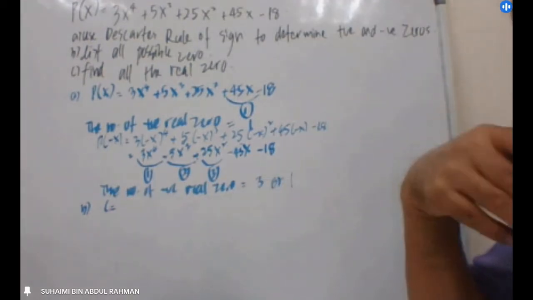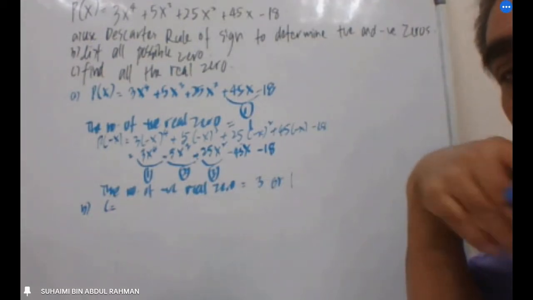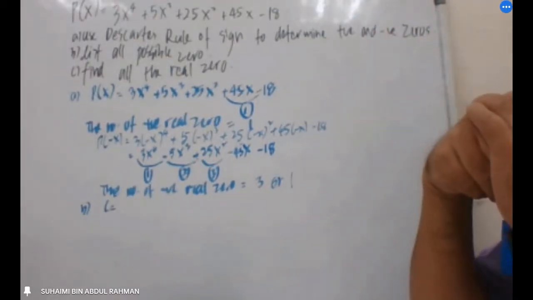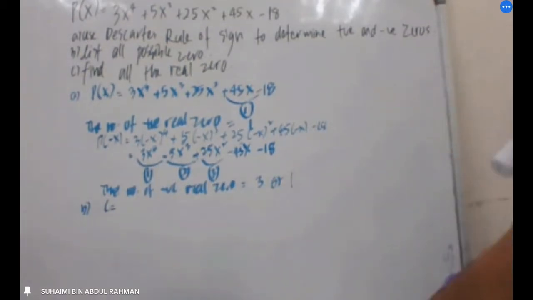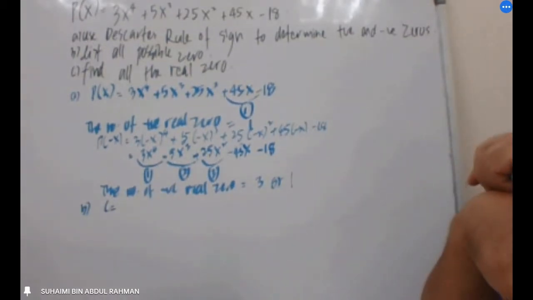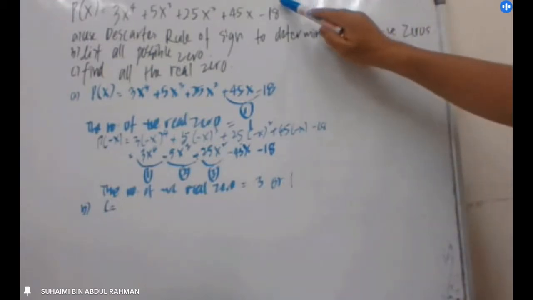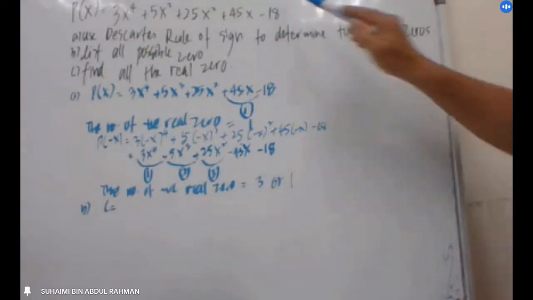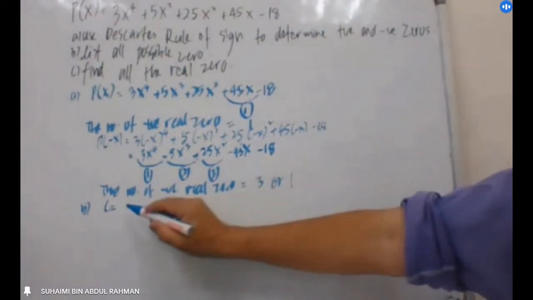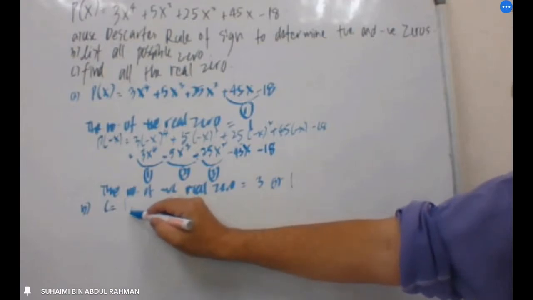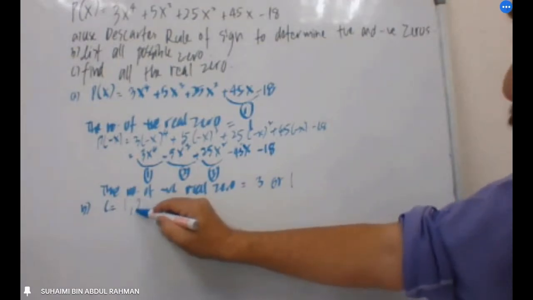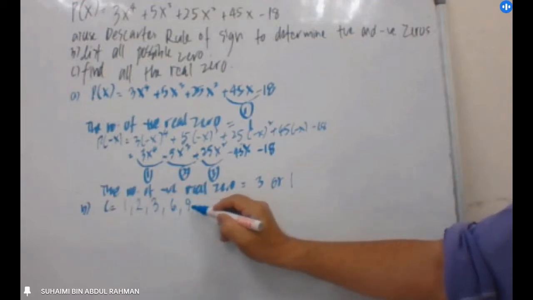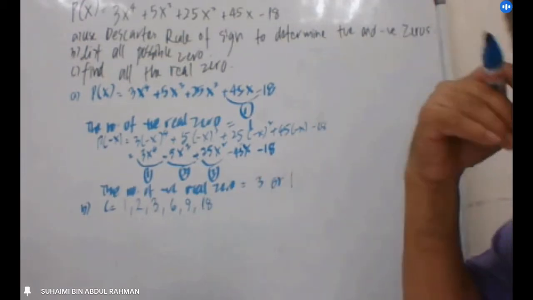C is the factor of the constant coefficient, negative 18. Factors of 18 will be 1, 2, 3, 6, 9, 18.